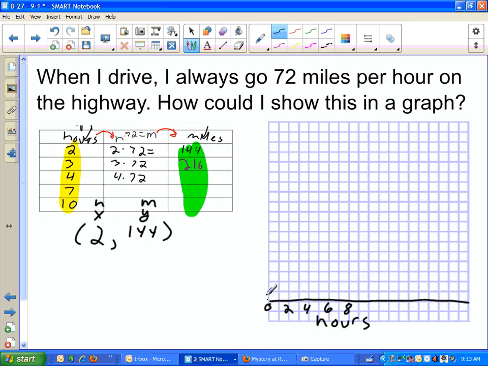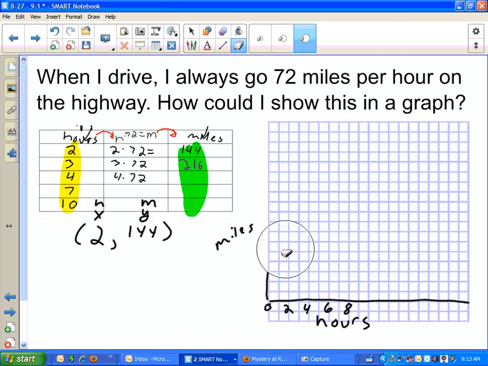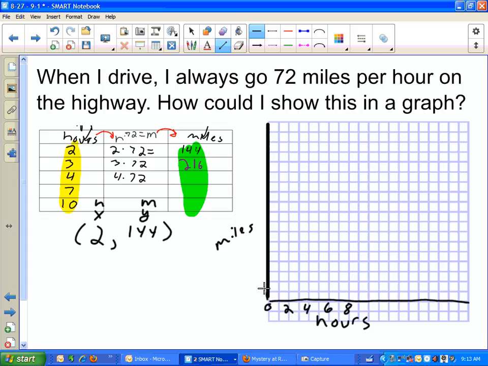Then up here on the side is our y-axis. Miles. We're going to use that every time. Let's make this a little prettier here. But the interval I use for miles is going to be a little different because if I count by twos, this graph's not going to look that great.